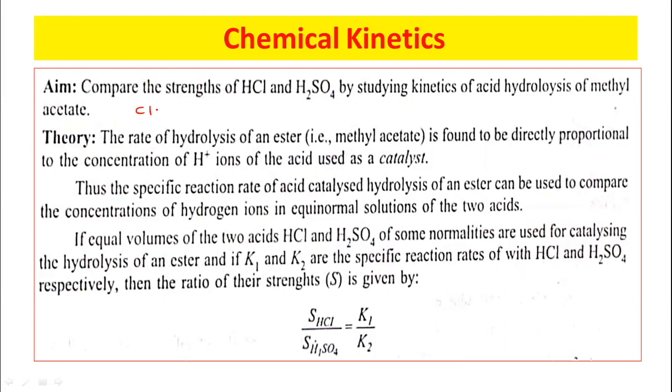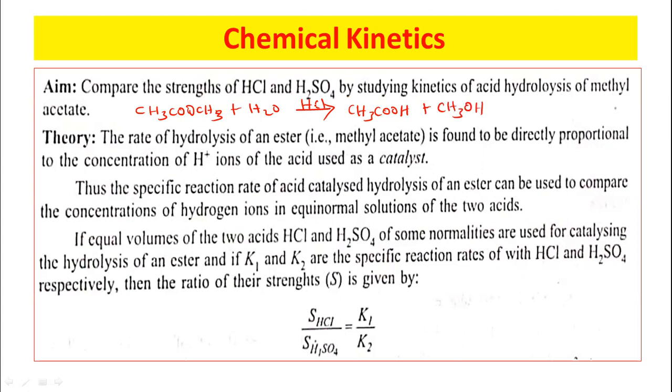Hydrolysis of methyl acetate. Methyl acetate is an ester, so it undergoes a hydrolysis reaction in the presence of acid as a catalyst, HCl or H2SO4, and the products are acetic acid and methanol.